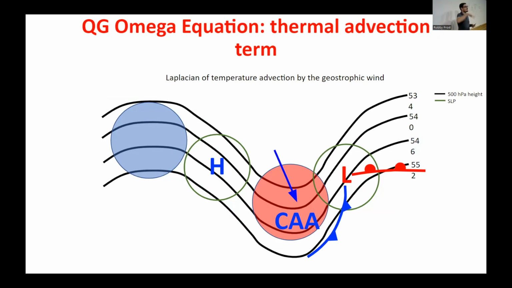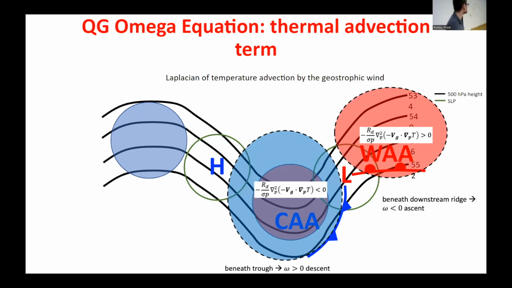So behind the cold front, where we've got cold air, that's causing vertical motion to go down. And on the other side, where we've got warm air advection, it's actually causing rising motion.